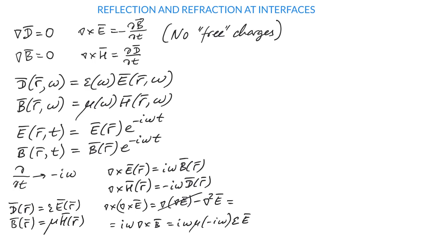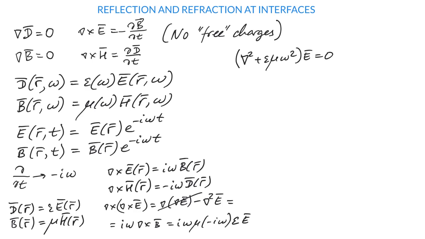So overall, this gives us the wave equation. The equation del squared plus epsilon mu omega squared E is equal to 0. And exactly the same expression will be found for B if we start with the curl of the other equation.